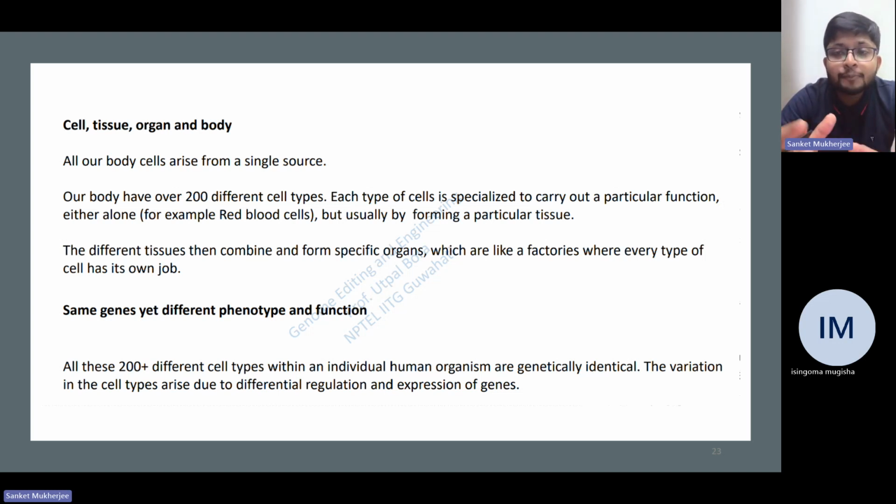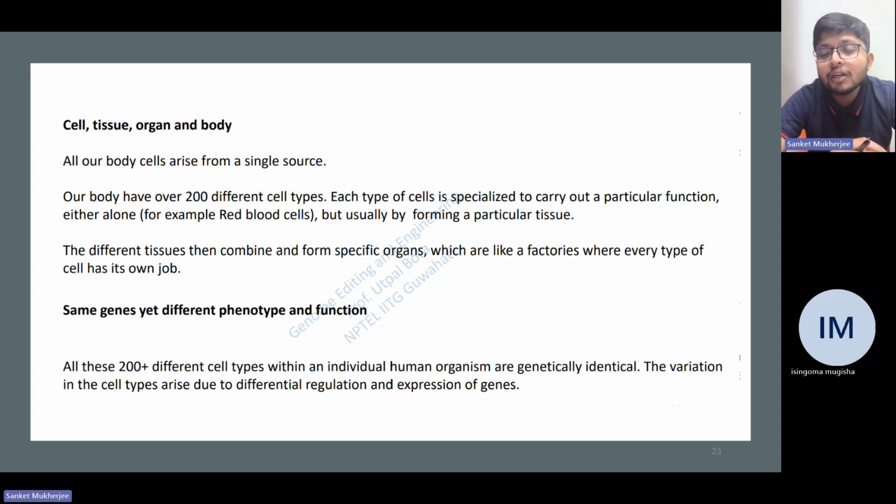Essentially, the genes, the chromosomes, the DNA that you have in a liver cell will be exactly the same as what you have in a nerve cell, or maybe the muscle cells. But their function is different, their phenotypes are different, they are even morphologically different.